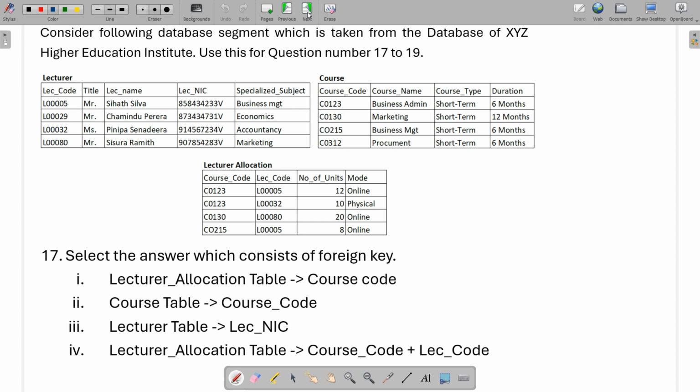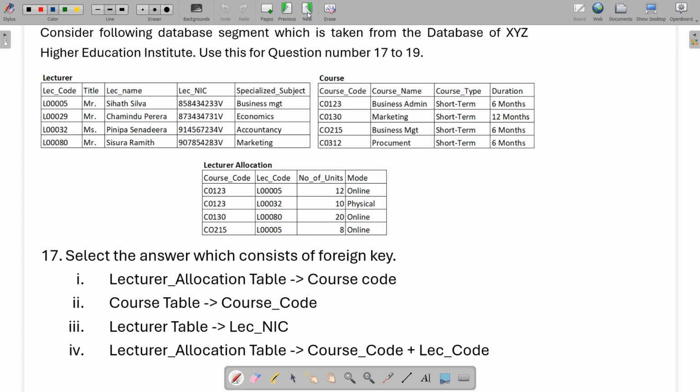The second time, it's going to be the foreign key in a different table. For the first time it must be a primary key on another table. So if you are going to find a foreign key, look for the places where a primary key is placed in that particular table.